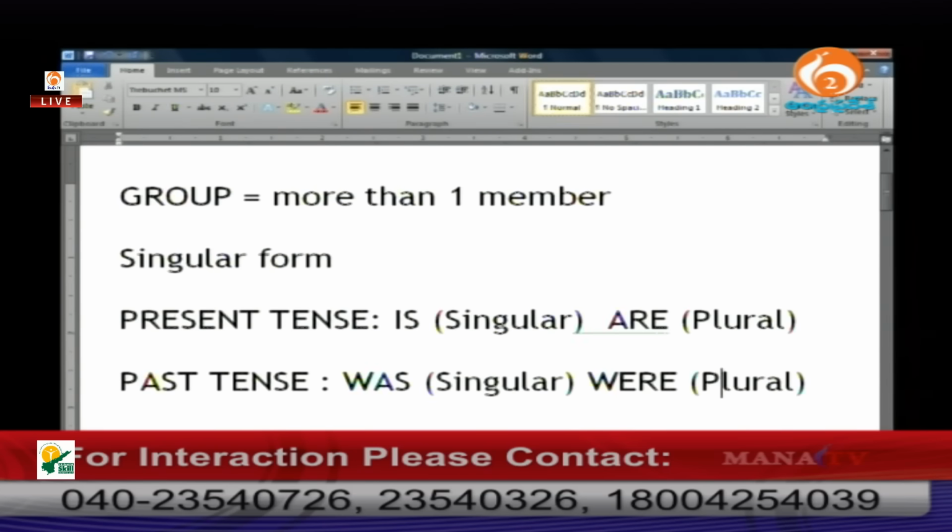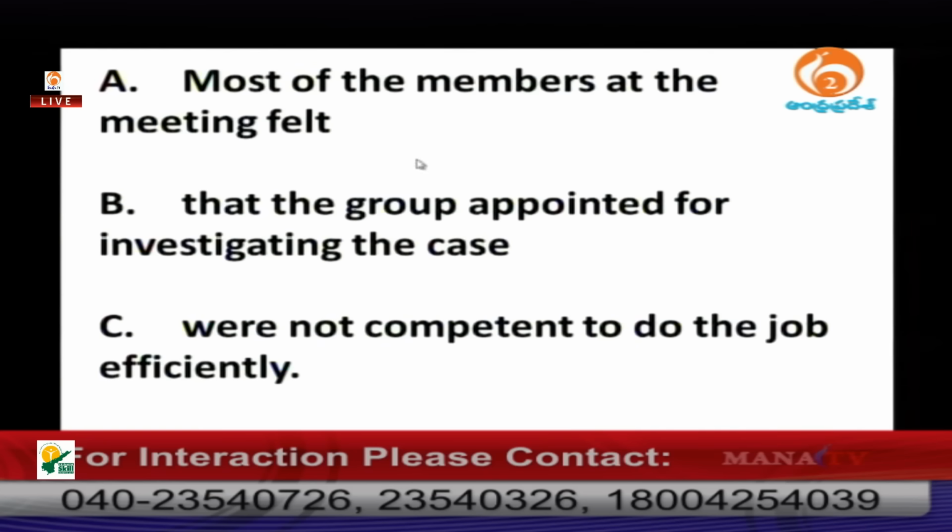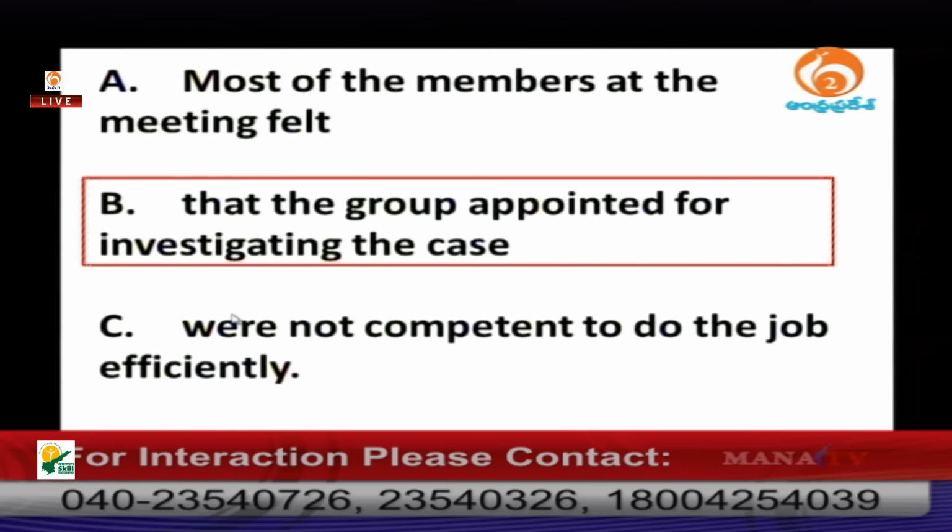So for past tense, was will be for singular and were will be for plural. So here the group is considered a singular form. The group is the subject, it's a singular form. But here it says were, which means it is incorrect. It should be was, or I make the change here itself. The group appointed, sorry, just a moment.